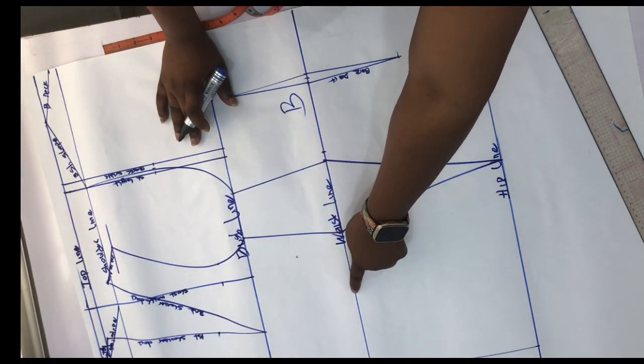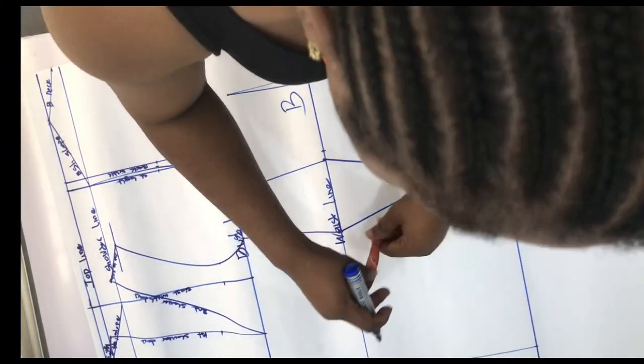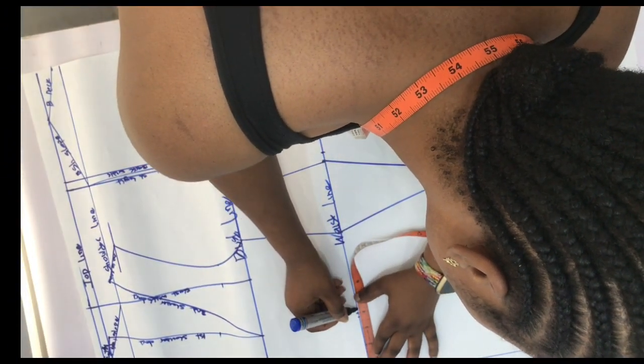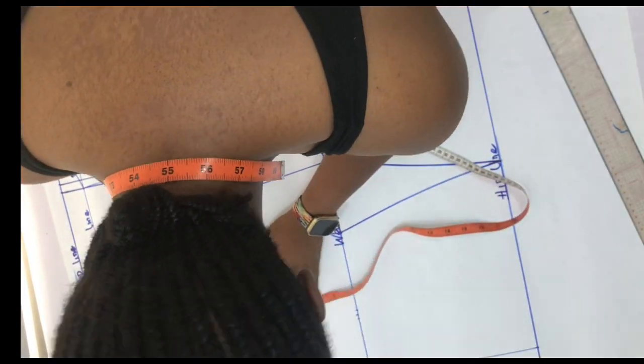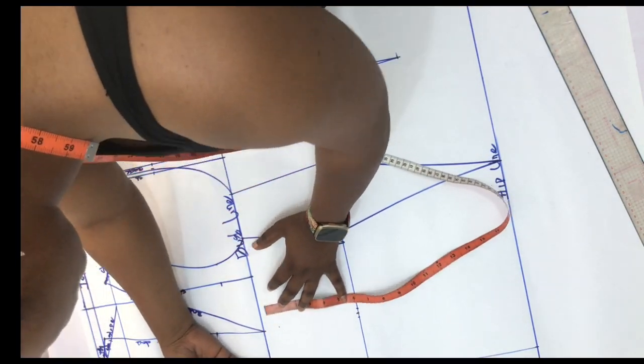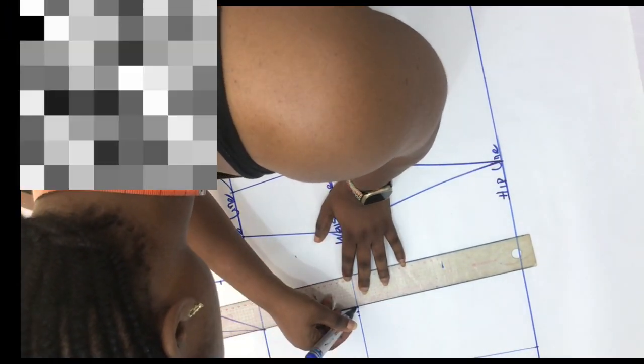Now for the front, it's also similar, but you're going to be using the bust, the shoulder dart. That's what you're going to be coming down from. Don't forget that I said whatever you added as your dart allowance is what you're going to measure.